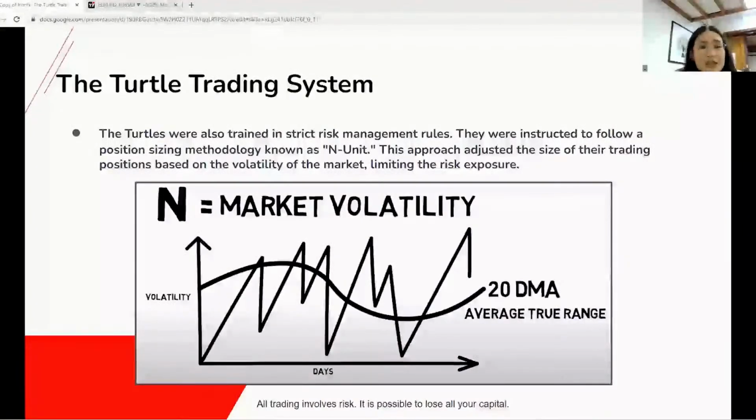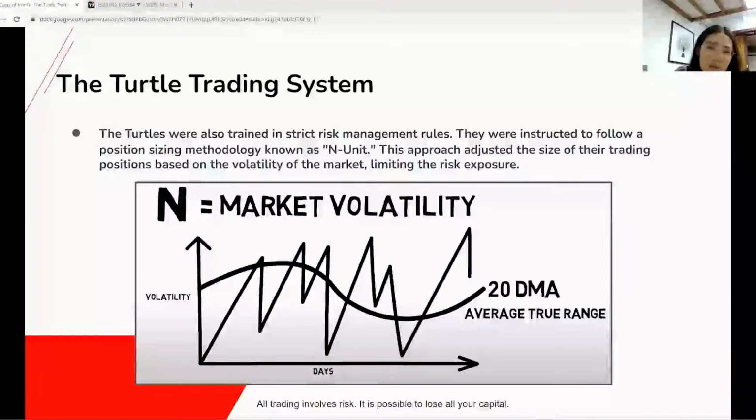They were also trained in strict risk management rules. They were instructed to follow a position sizing methodology known as the N unit. This approach adjusted the size of their trading positions based on the volatility of the market, limiting the risk exposure. You can see over here, I've indicated a little drawing to show you what exactly the N unit was.